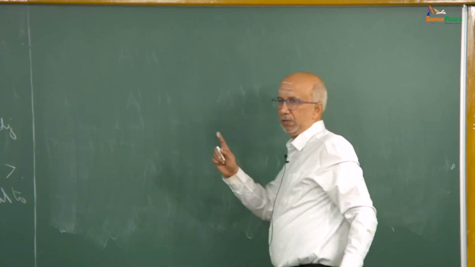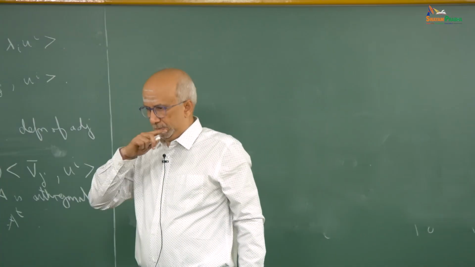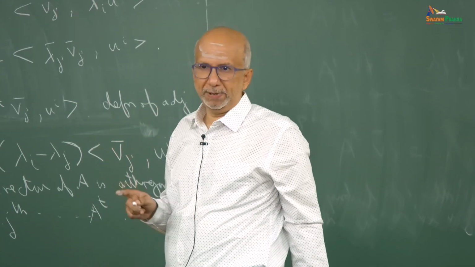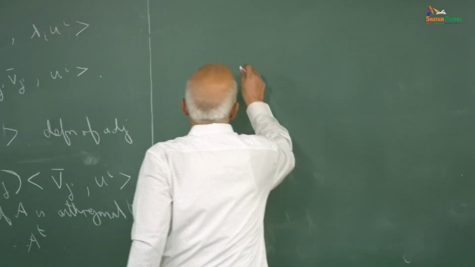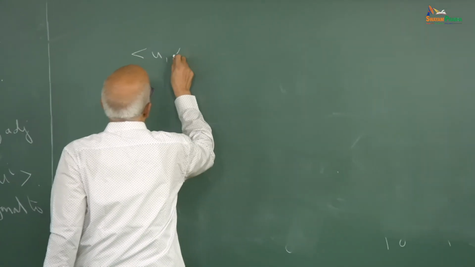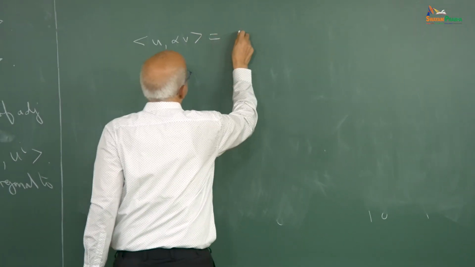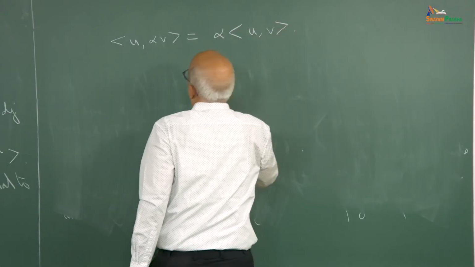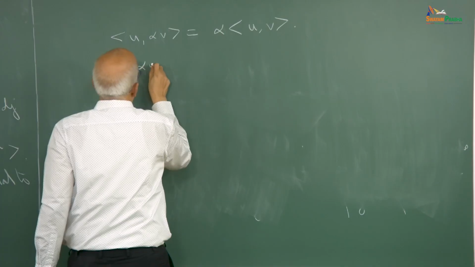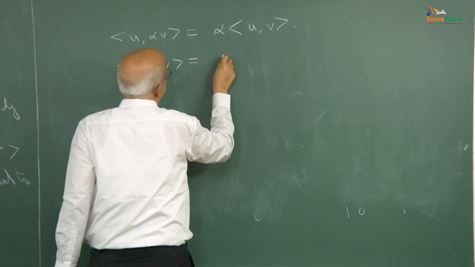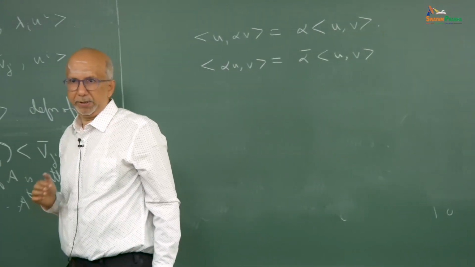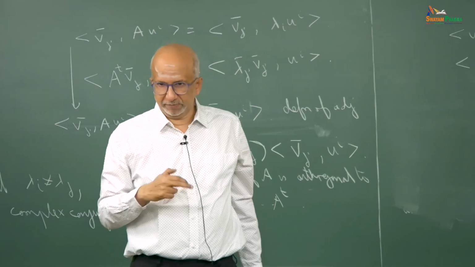See, if you remember the axioms the inner product has to satisfy for the complex space. Inner product of u comma alpha v, I said, was going to be alpha times the inner product of u with v, and inner product of alpha u with v is alpha bar times u with v. These are the axioms. Why is it like this?